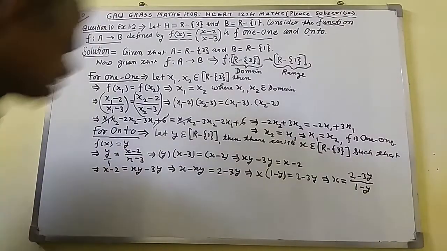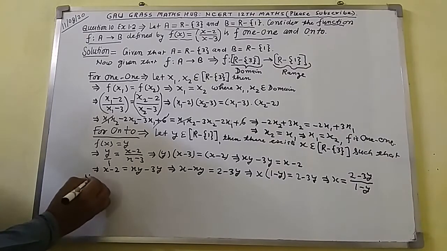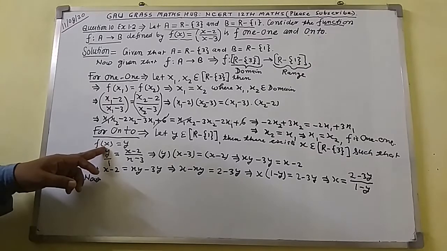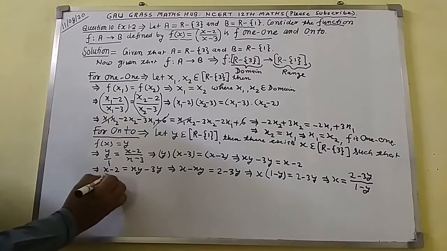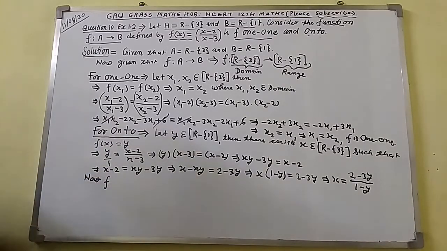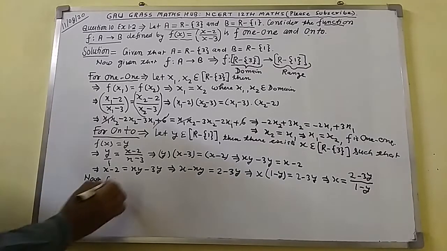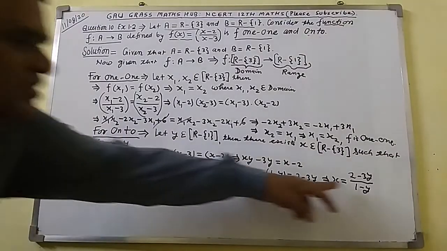Now here I shall write, again, here you can see f(x). In place of x you can write this one. In place of x I shall write the value of x, this one.